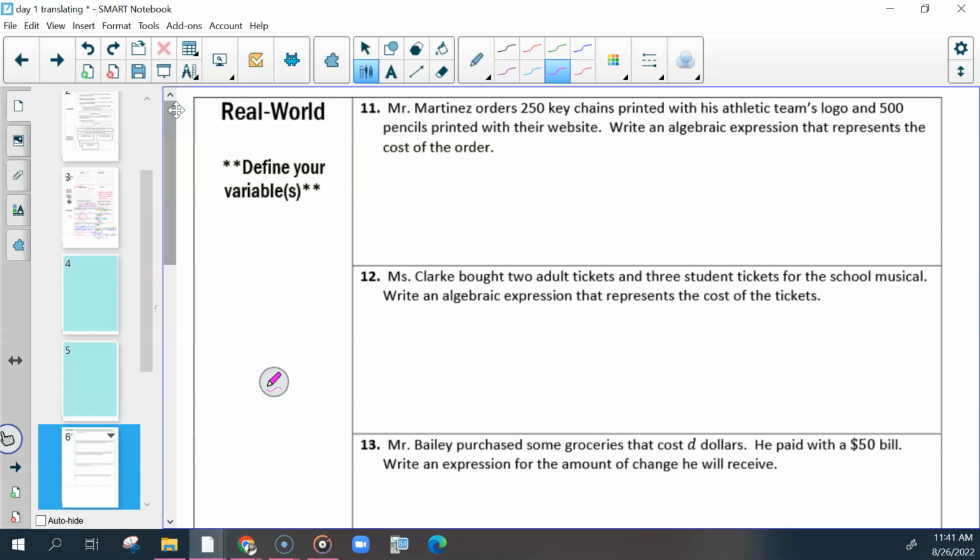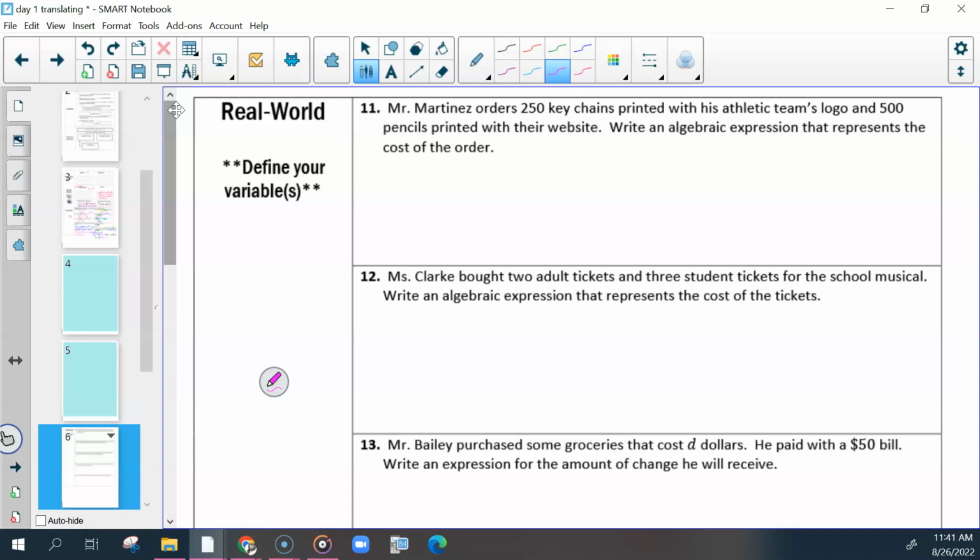With each of these problems, we have to start with the variables. The variables are going to be something we don't know. So we have to look at this, and usually in the question it tells you what to do, and that's going to help you find what we don't know. So here, we don't know the cost of the order, but that's in general, total.